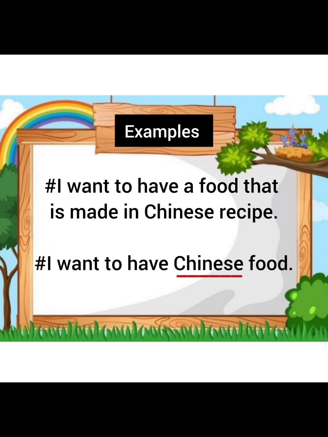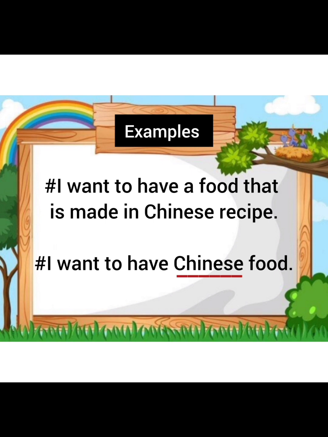But what if I say that I like to have Chinese food today? The whole statement, or the whole phrase, like to have a food in Chinese recipe, is just converted into one single word, that is Chinese. So that's how these adjectives allow us to summarize a concept in just one word.